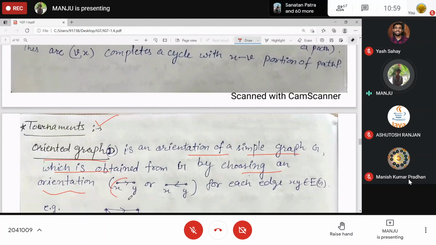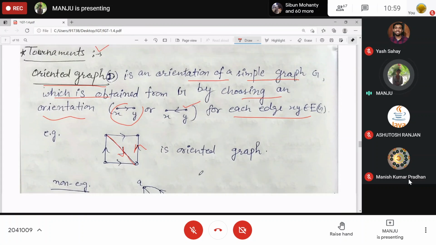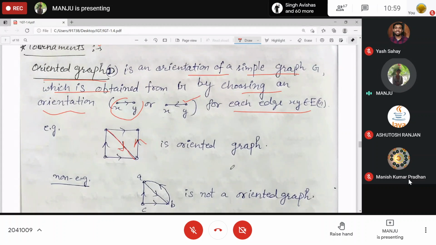Either we choose this one or we choose this one, but not both, for each edge. We say this arc is oriented this way, this arc is oriented this way, and so on. So this will be an oriented graph.